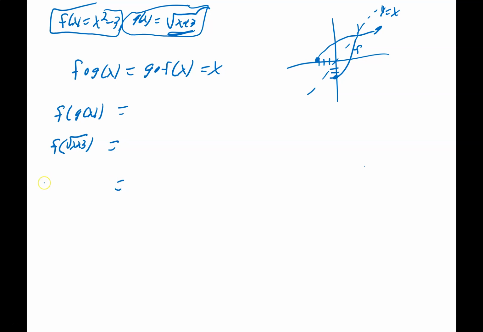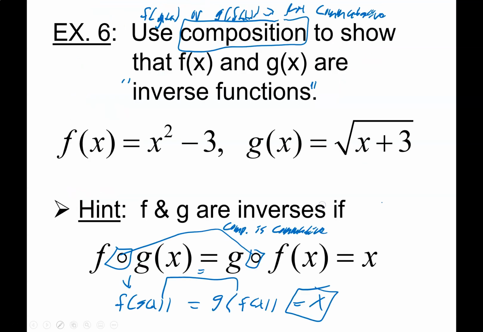Now, f tells me to take something squared and subtract 3. That something I'm going to square is root x plus 3, giving me x plus 3 minus 3, which cancels to make x. I'm feeling pretty good about this so far. F of g of x gave me x, just like we said it would.